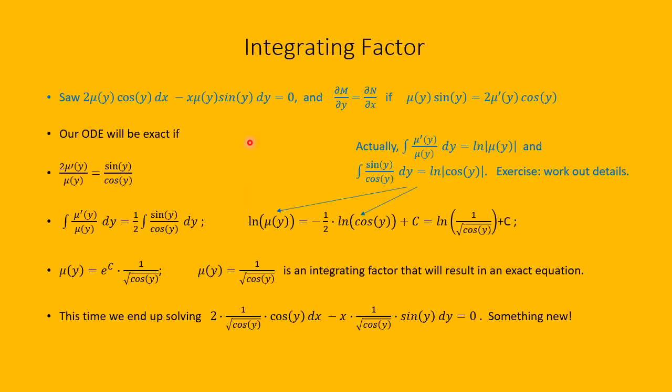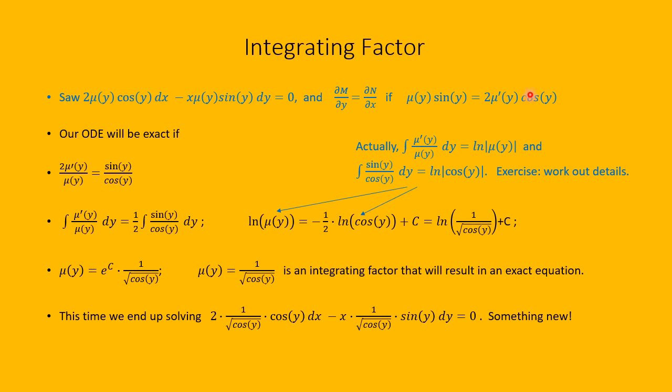So far, we have seen that if mu of y is an integrating factor for our ordinary differential equation, then it had to satisfy this equation right here, which turned out to give us this on the last transparency.